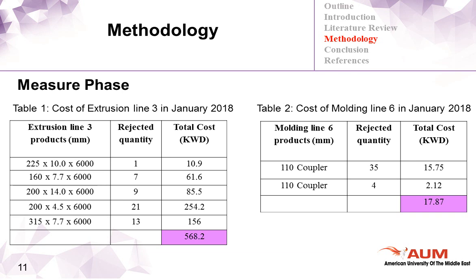So comparing them, we chose to focus on pipe production and to be specific on the 200 millimeter pipe, which has the highest cost and highest rejected quantity among the other pipes.